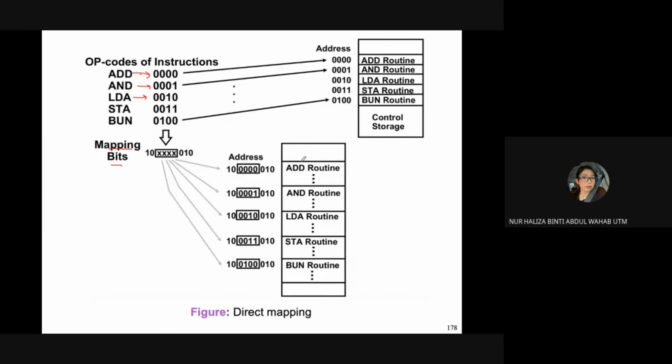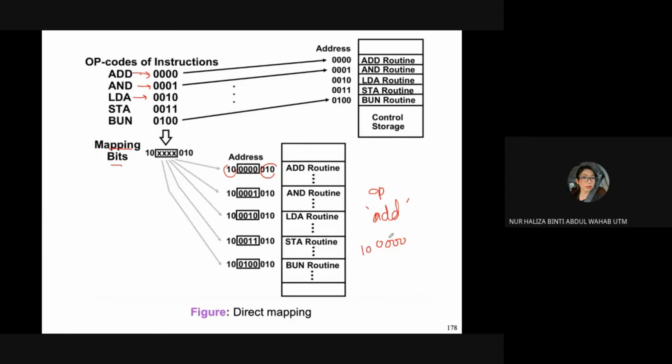So when you have this kind of opcode instruction, maybe your operand will just be add. So you know add is 0000. How are you going to apply it in your mapping bits? Let's say in front is 10 and behind is 010.